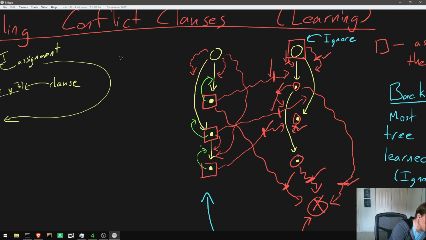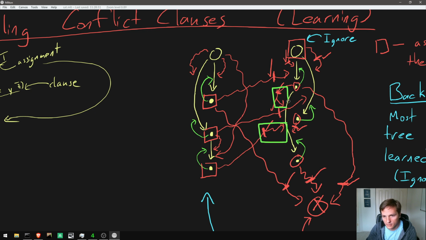But instead of having this opposite relationship, they have the equality relationship. They have the same valence, right? So what that means is when I look at this clause, for instance, it's going to have this literal here, this literal here, and this literal here all appear.